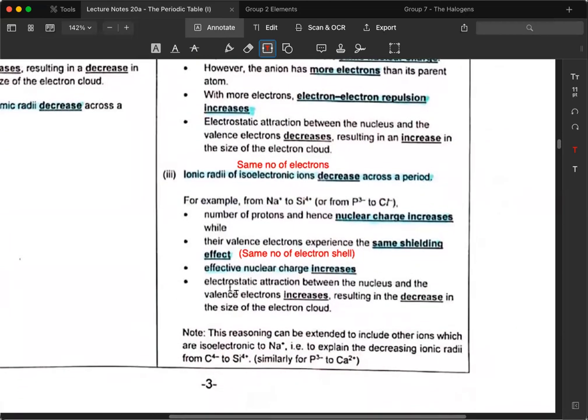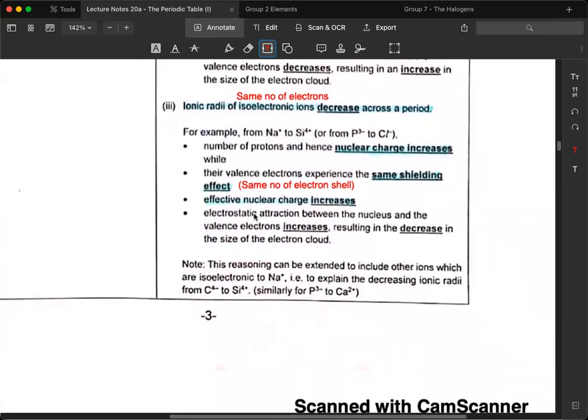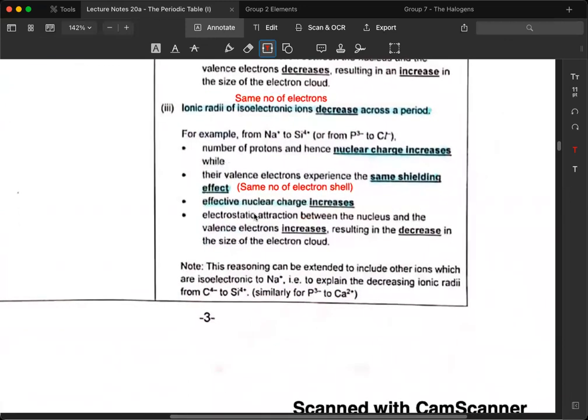Electrostatic attraction between the nucleus and valence electrons increases. That decreases the size of the electron cloud. This same reasoning is extended to ions that are isoelectronic to sodium to explain the decreased ionic radii from carbide to silicon. Similar for phosphide to calcium. Same reasoning.